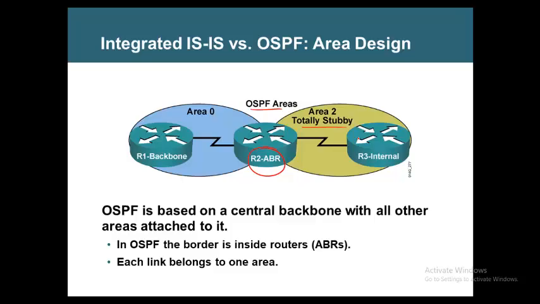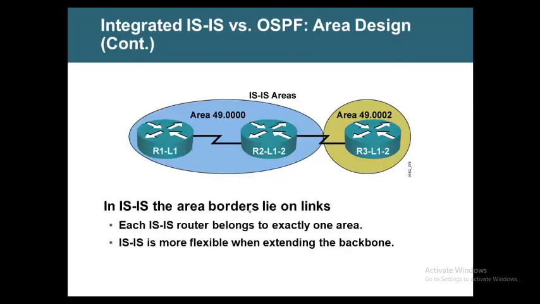In ISIS, each router belongs to one area. You see? So this router belongs to area 49, sorry, area 0. This router belongs to area 2. This 49 represents private area.